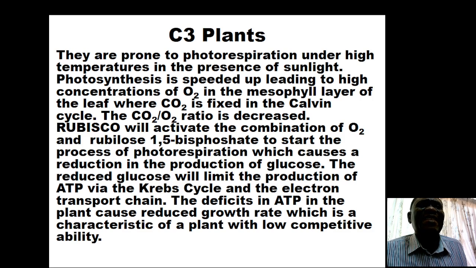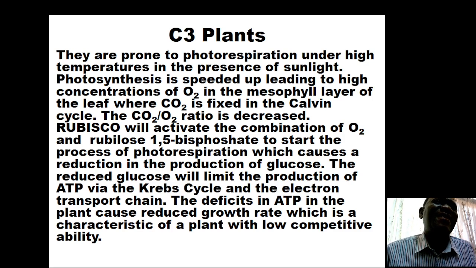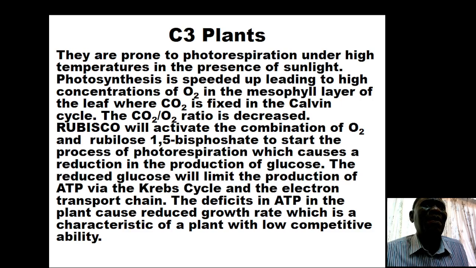And this can occur under very high temperatures in the presence of light. Normally under these conditions, photosynthesis can also be speeded up, leading to very high concentration of oxygen within the plant.